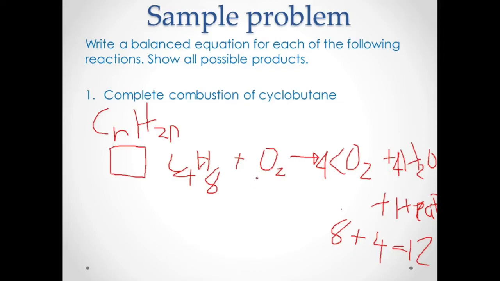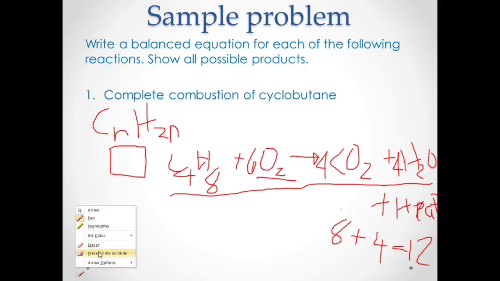So to balance your oxygen, there are 2 oxygen on the reactant side. In order for it to have 12 oxygen, you will put a coefficient 6 before the oxygen. Okay? So that becomes 6 times 2, that is 12. And this is now your balanced chemical equation for the complete combustion of cyclobutane.